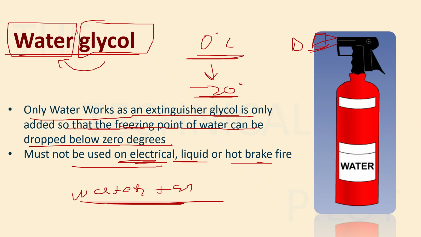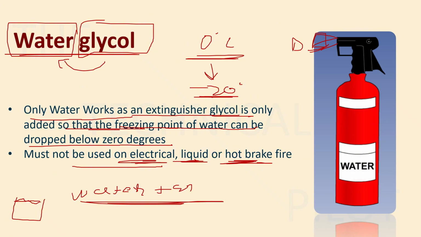And liquid fire, why? Because we all know that your oil will float over your water, right? And it won't have any effect if you throw water on your oil-containing fire, right? If you have a petroleum fire, you cannot use water to extinguish the fire. That's why you have sand placed at your petrol pumps, right? And then there are your hot brakes.